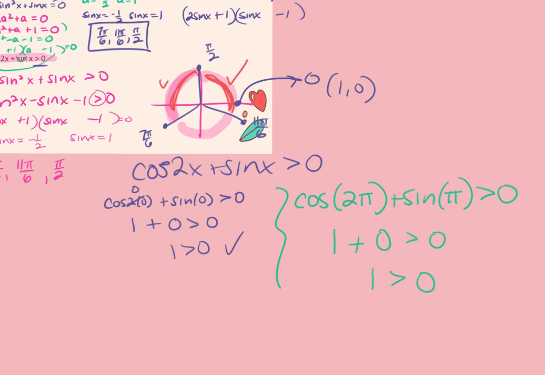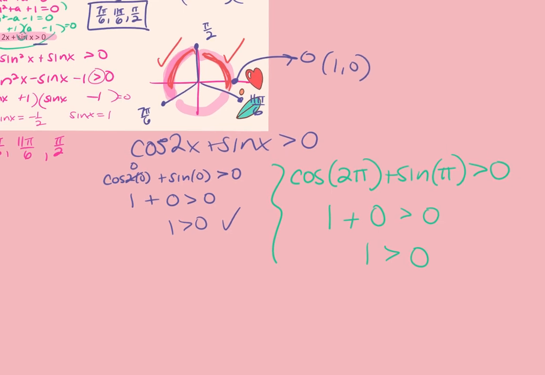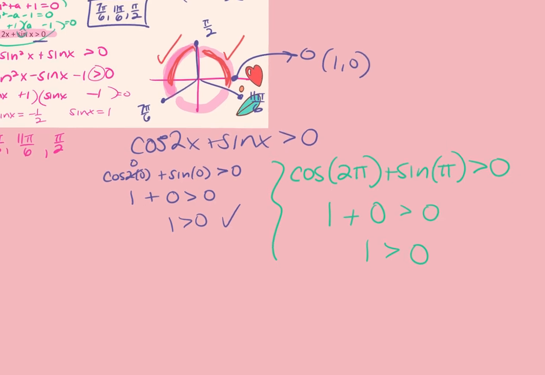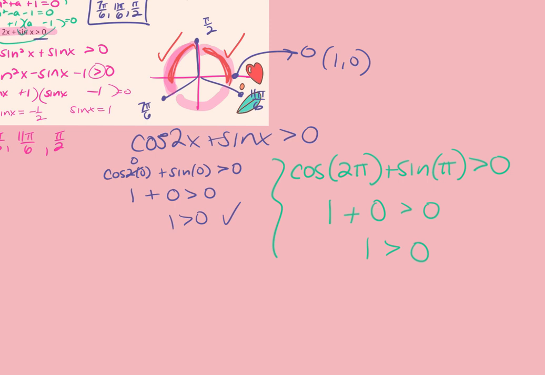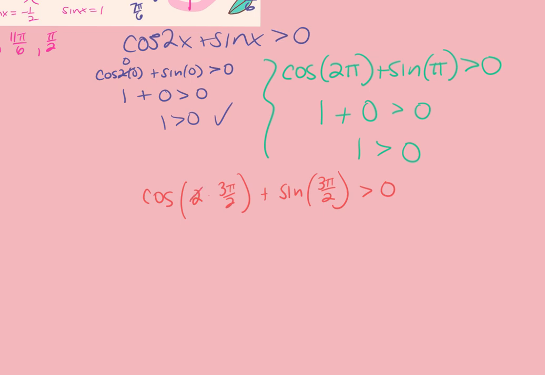So this part's good, this part's good. Now go to the bottom. Pick an angle from that bottom section. What's the easiest one? 3 pi over 2. So I'm going to do cosine at 2 times 3 pi over 2 plus the sine at 3 pi over 2 has to be greater than 0. So the 2's cancel here and I get cosine at 3 pi. Where's 3 pi? Where pi is, right?